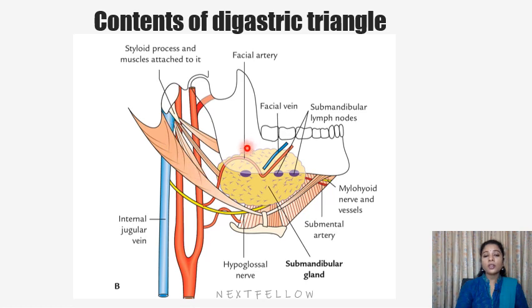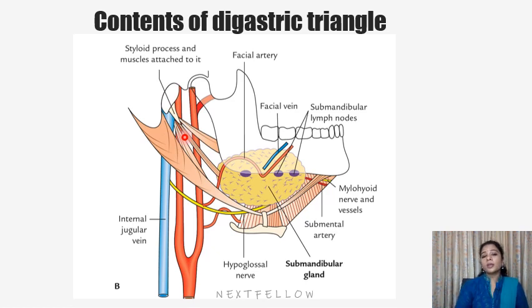And stylopharyngeus muscle, and the ligaments are stylohyoid and stylomandibular ligaments. These are the structures attached to the styloid process, present on the posterior most aspect of the triangle.